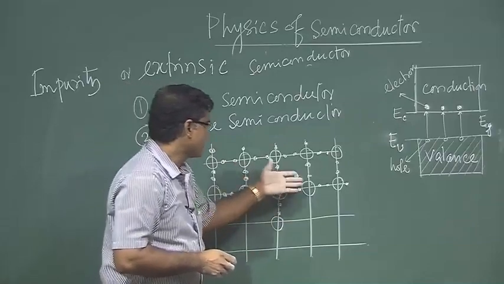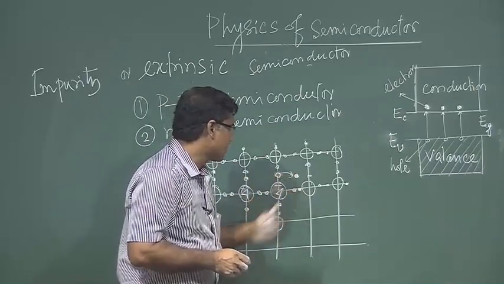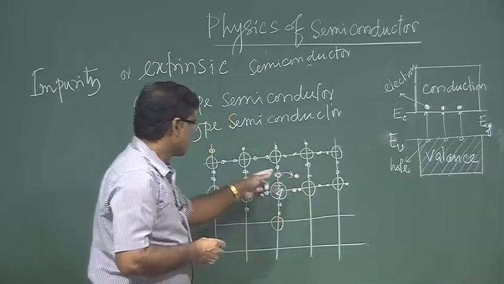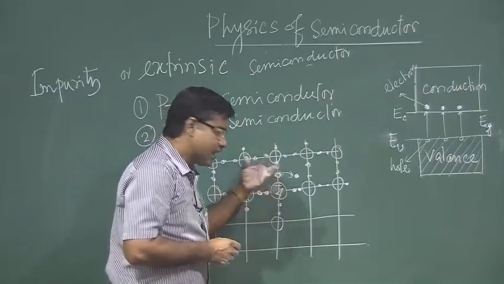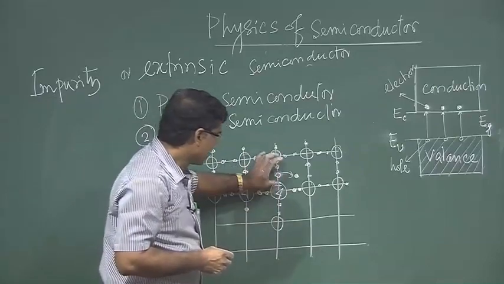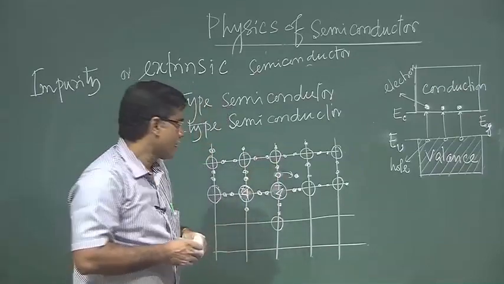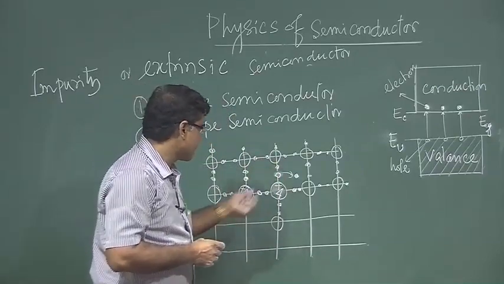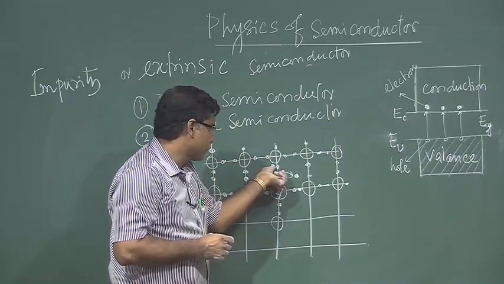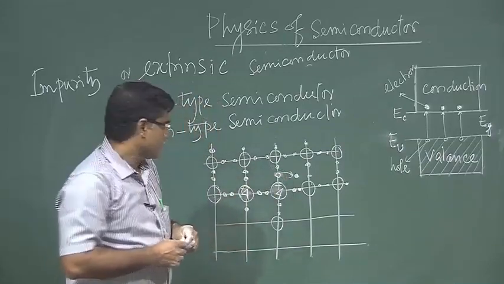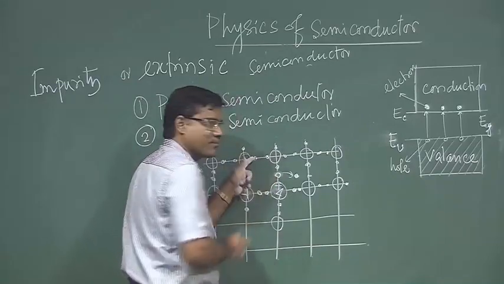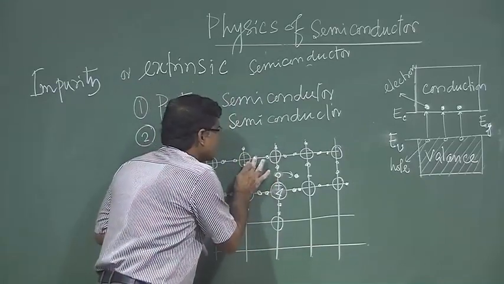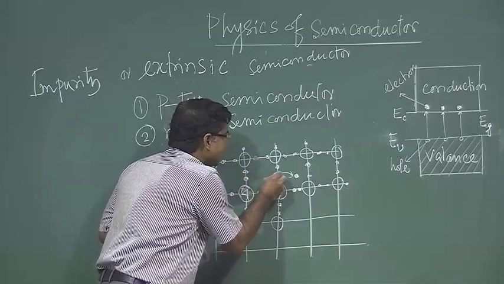That is basically coming from breaking this bond, and in the absence of that electron, it will fail to have one electron to repair this broken bond. So, some other electron can jump here. So, this electron can jump here.